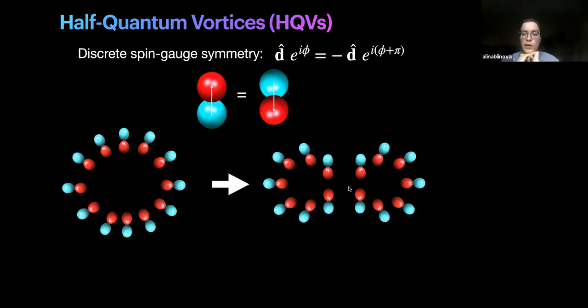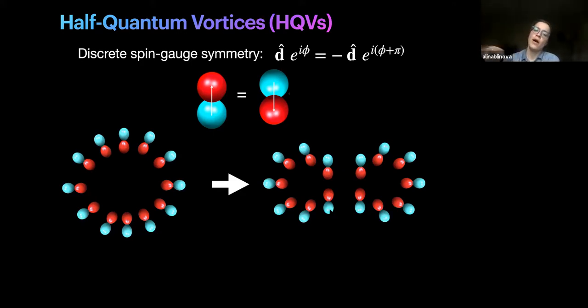And the reason this works is exactly due to this discrete spin gauge symmetry of the polar phase, because when these two representations of the order parameter meet, using this symmetry property, we can actually see that this point is continuous.